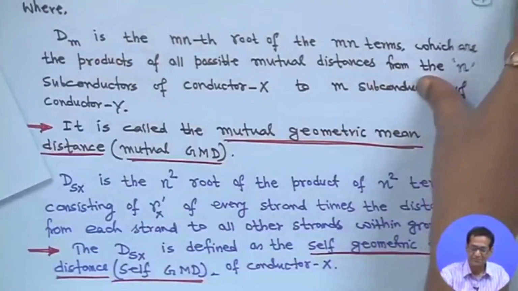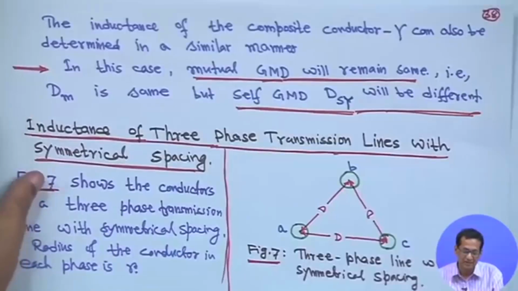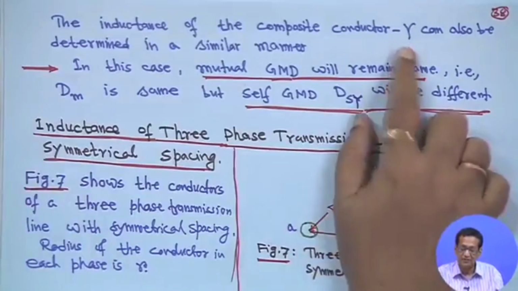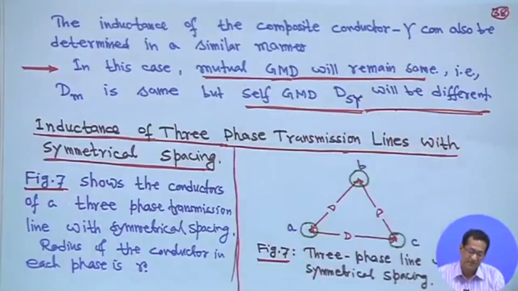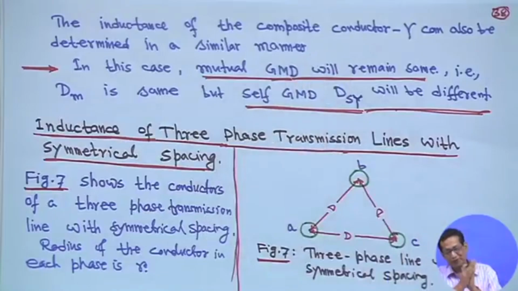Therefore, similarly for conductor Y, that is group Y, the inductance of the composite conductor Y can also be determined in a similar manner. So in this case, as one is group X and another is group Y, there will be no change in mutual GMD, it will remain the same, that means Dm will remain the same, right.